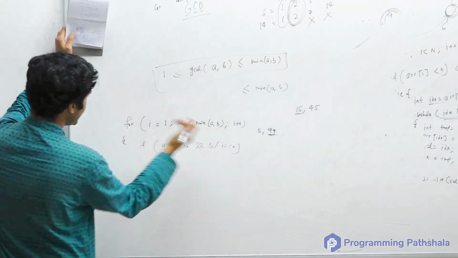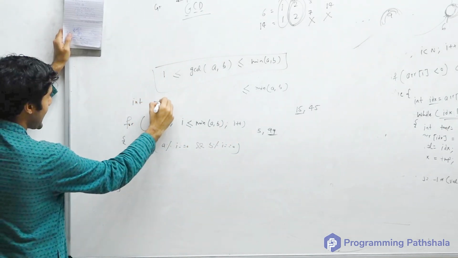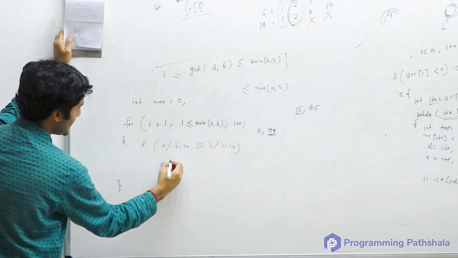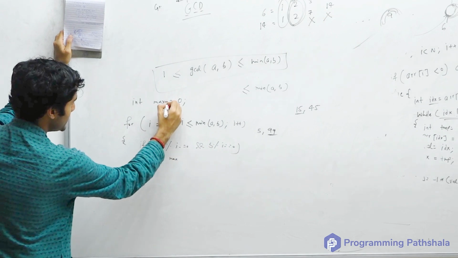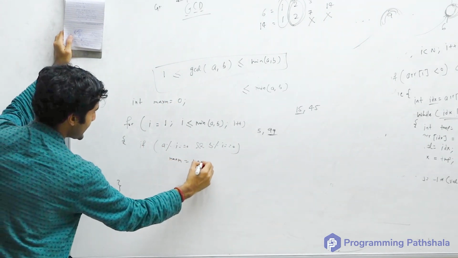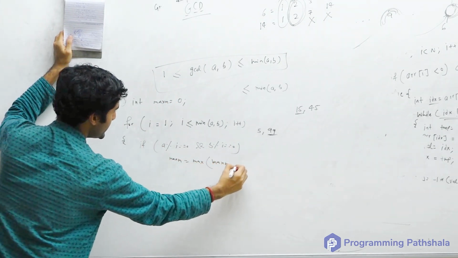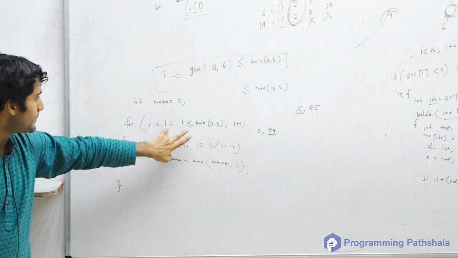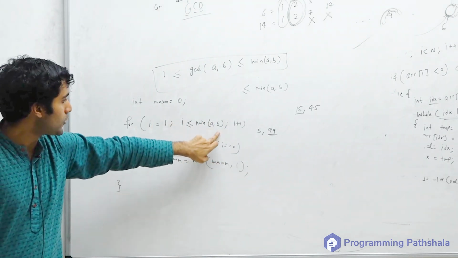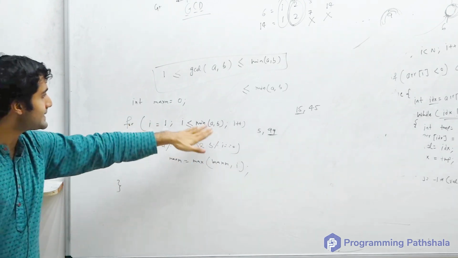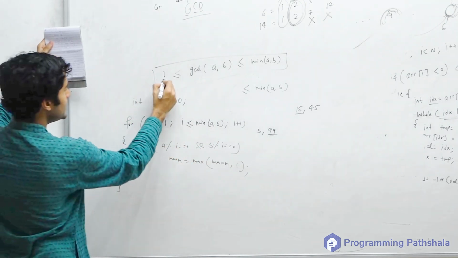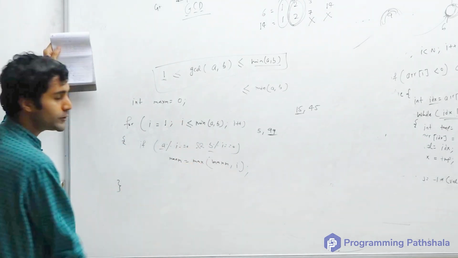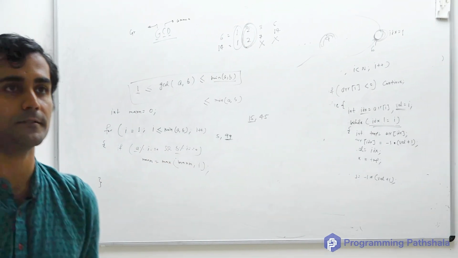Since I have to track the greatest common divisor, I can have a max variable which is initially 0, and if this is true, then I can replace this maximum variable by max of this comma I. So this is the way you track all the numbers from 1 till min of a comma b, and whatever is the greatest number in between which divides both of them, that would be the greatest common divisor.